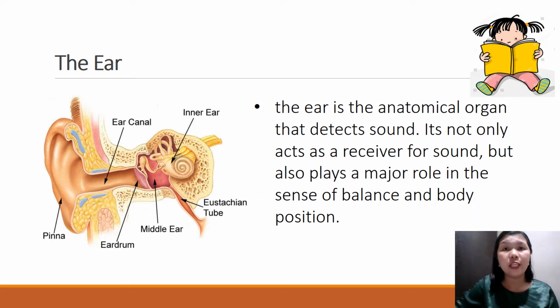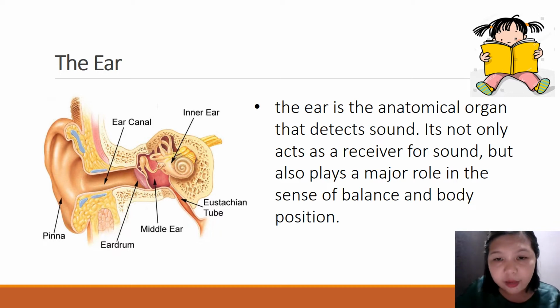The hearing process begins when sound waves enter the auditory canal and strike the eardrum, a membrane about 1/2 inch across, which is capable of handling over 73,000 vibrations per second. So when sound hits the eardrum, it causes movements of the hammer, anvil, and stirrup.